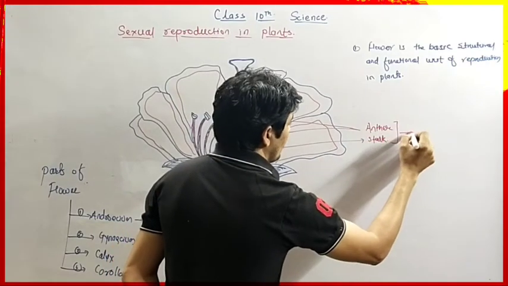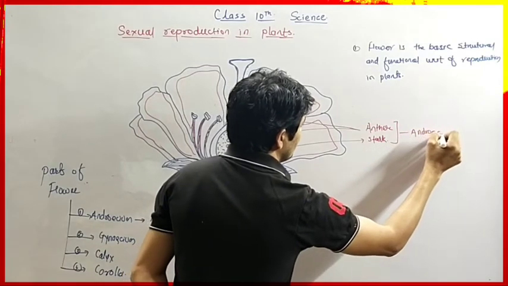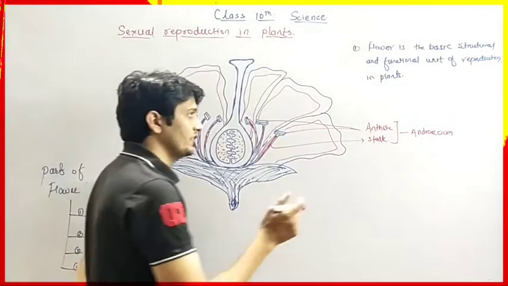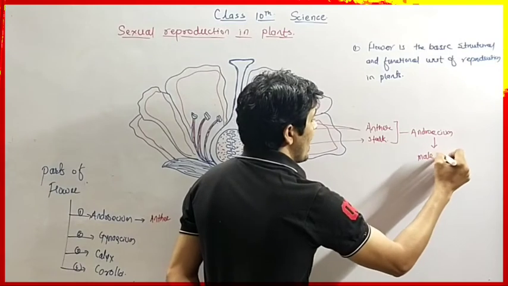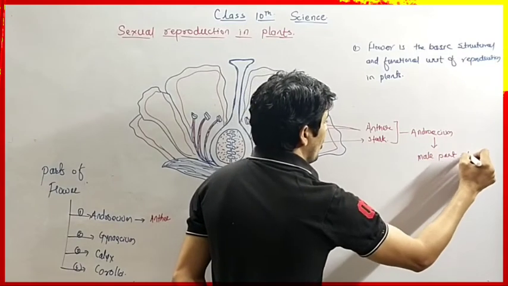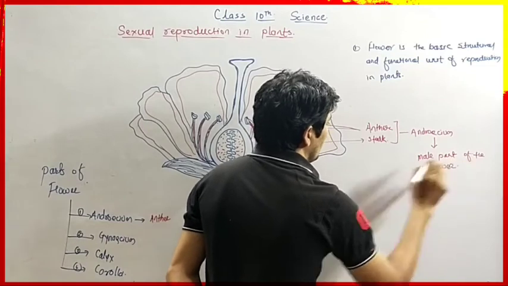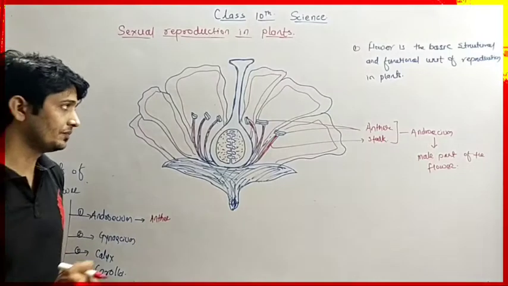These two together are called androecium. Very important: androecium is the male part of the flower.